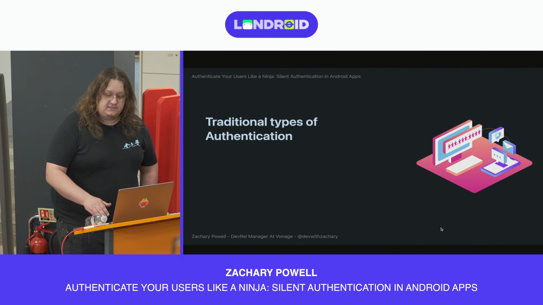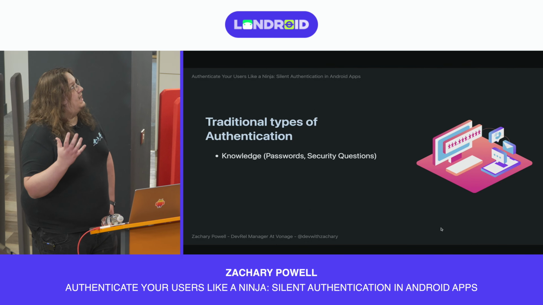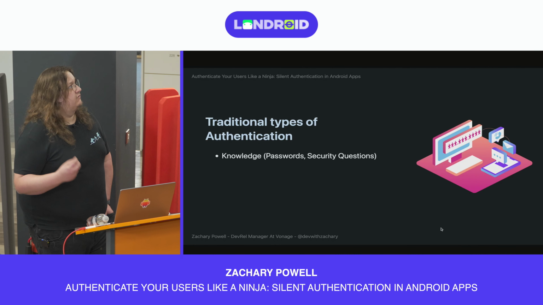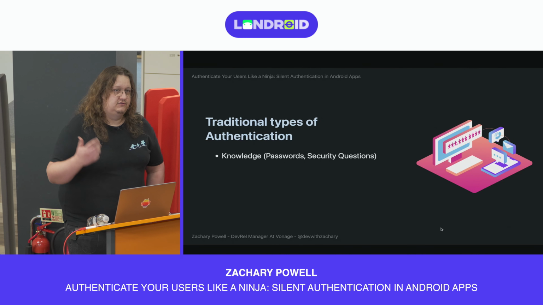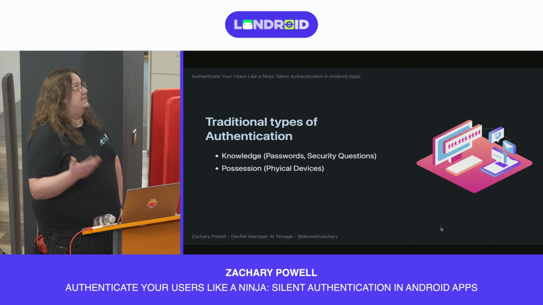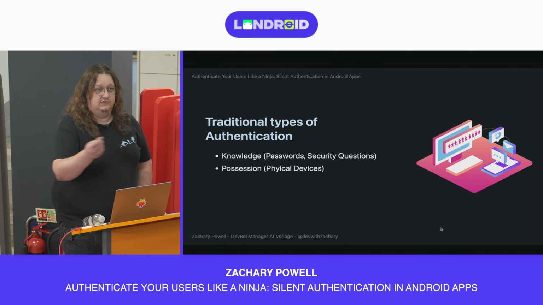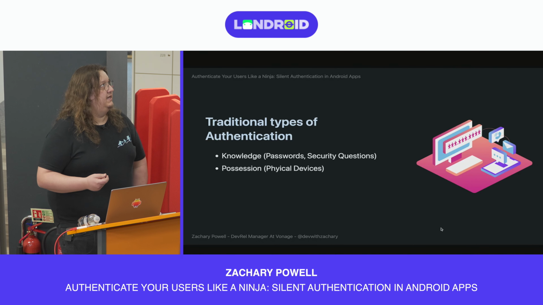There are pages and pages of ways that we can do this, but there's a couple of broad categories, one of which is knowledge-based, so things like passwords and security questions. The user is required to know a piece of information to be authenticated on your system. It can also be possession-based, so they might need to have a key card to physically plug something into a computer.